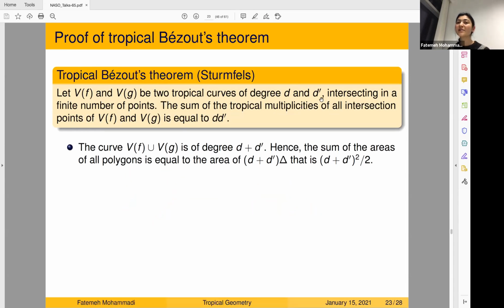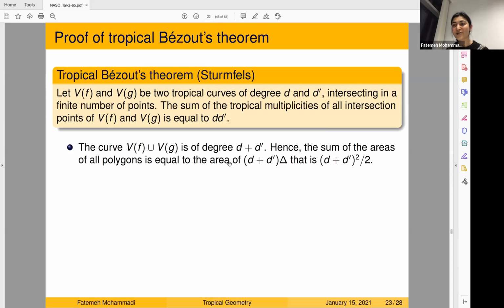The statement is that for these 2 tropical curves, if you count the multiplicity by looking at the area of the polygon corresponding to each intersection point, then the sum of these multiplicities would be just d times d prime.